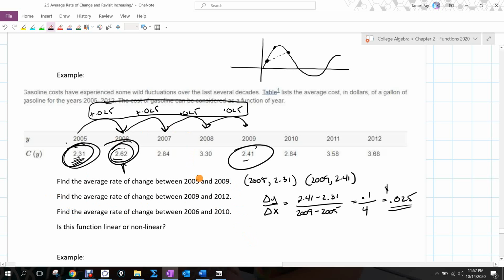If I look at from 2009 to 2012, we're seeing now that it was an increase. So again, I'm going to go 3.68 minus 2.41, and I'm going to divide that by 2012 minus 2009, so it'd be 3.